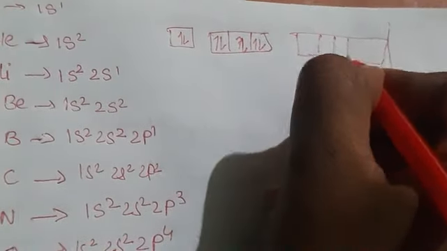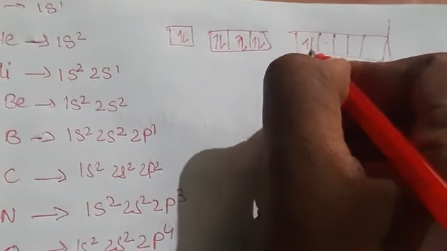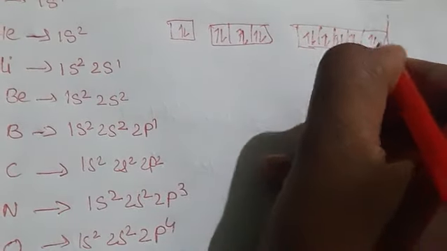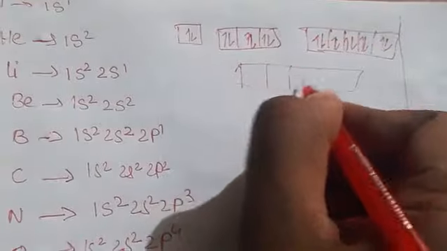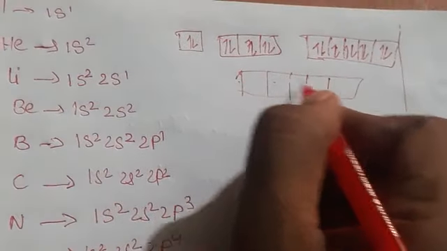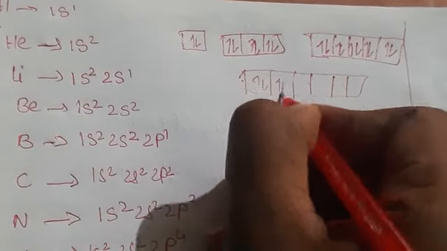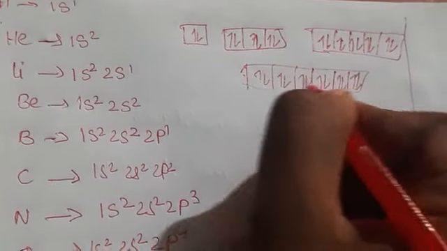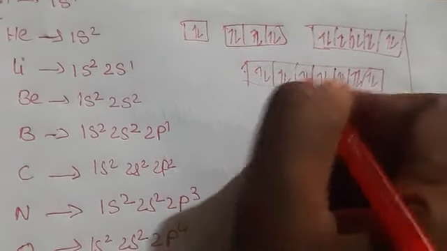So coming to the f block, how much does it contain? Total 7 orbitals, that means 14 electrons.